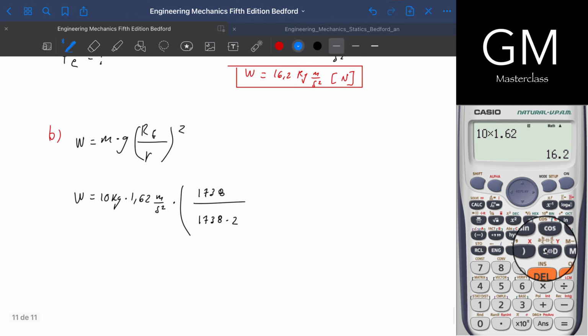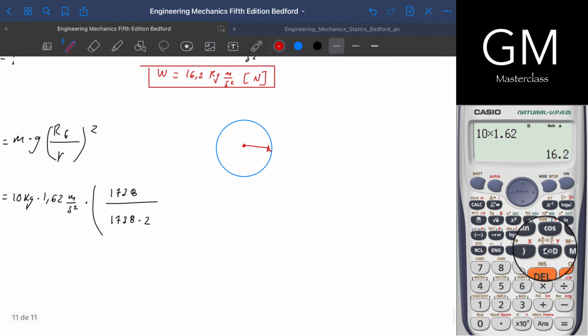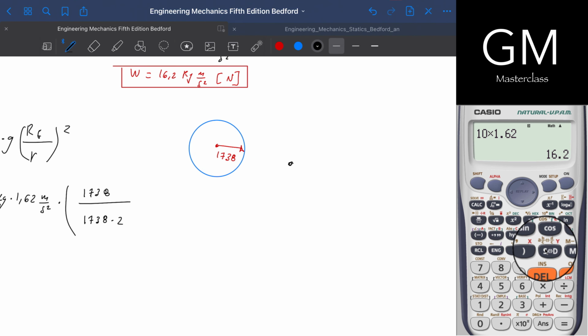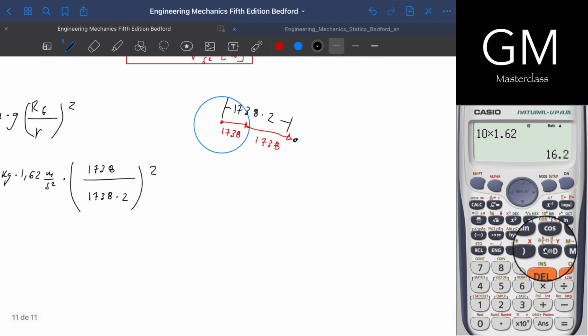Let me put it more graphically. Here I have the moon, here I have the radius of the moon, which is 1738, and here I have the particle, at another 1738. So this whole length is equal to 1738 times 2, evaluated to the second power.